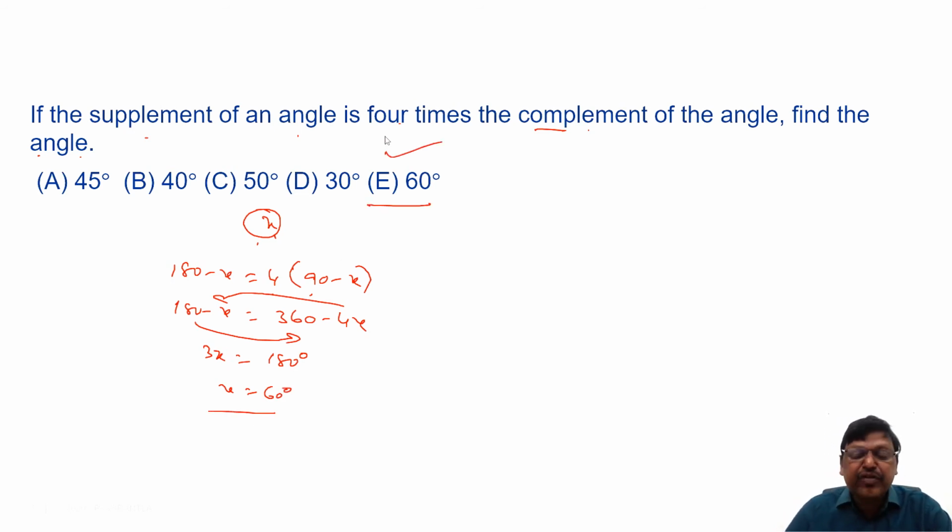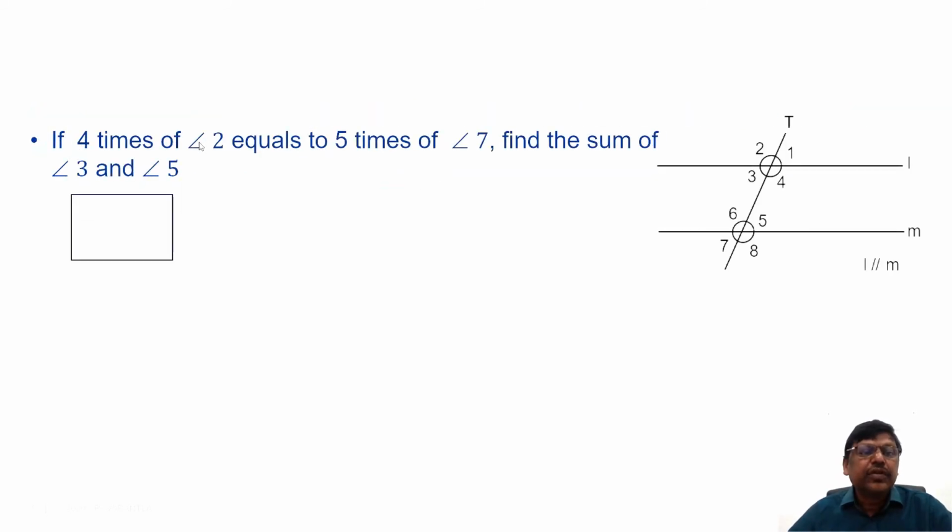Right? Let's take up one more. If 4 times angle 2 equals 5 times angle 7, find the sum of angle 3 and angle 5. Angle 2, let it be x degrees, and angle 7, let it be y degrees. 4 times angle 2, that is 4x, equals 5 times angle 7, 5y.